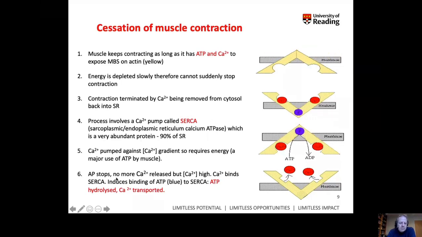The action potential stops, no more calcium is released, but the calcium is high. So calcium binds SERCA, shown on these diagrams. ATP is hydrolyzed and calcium is transported out and muscle contraction stops. So hopefully this gives you an idea of the ATP and calcium.